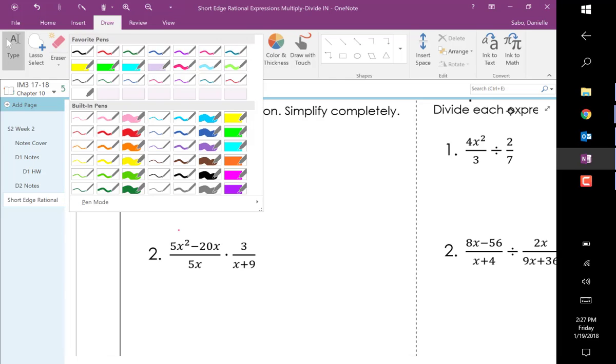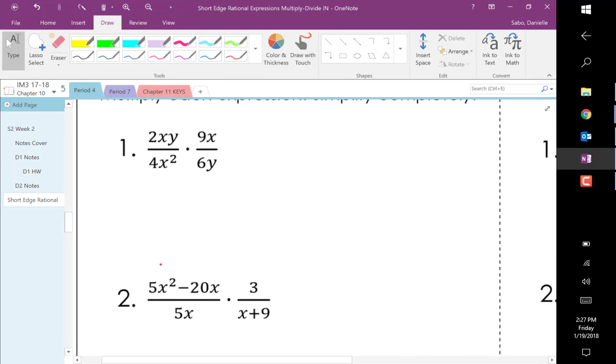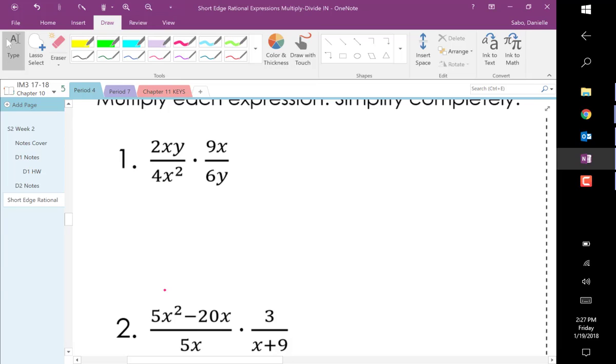So, here we go. This one, there's no adding or subtracting going on. I don't see any adding or subtracting, so I know that I can just multiply straight across. What is 2 times 9? 18. Now look, x times x. What's x times x? x squared, not 2x. Careful with that.